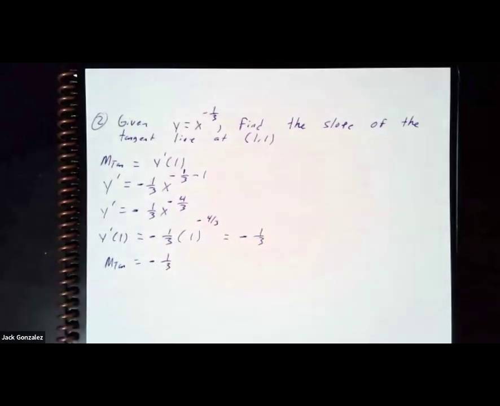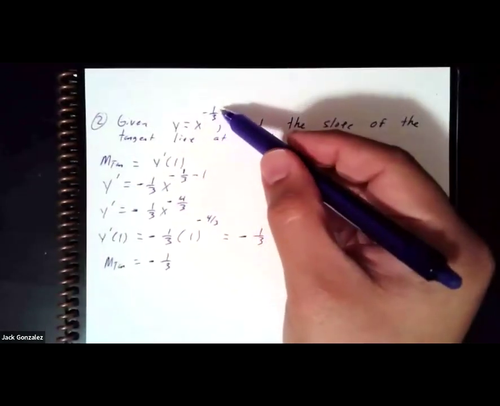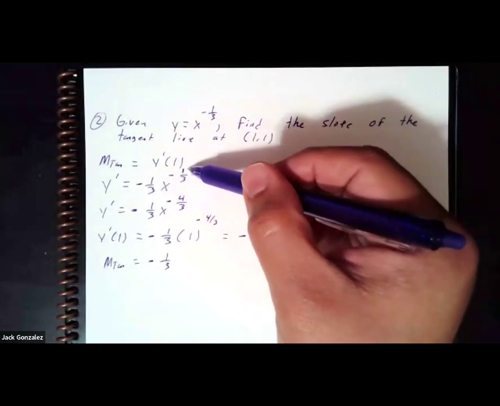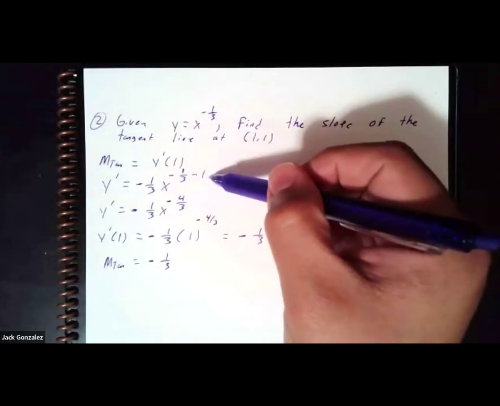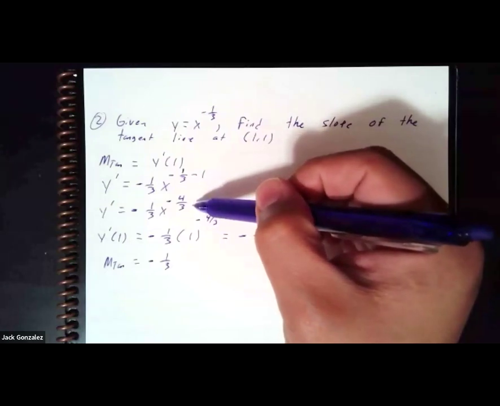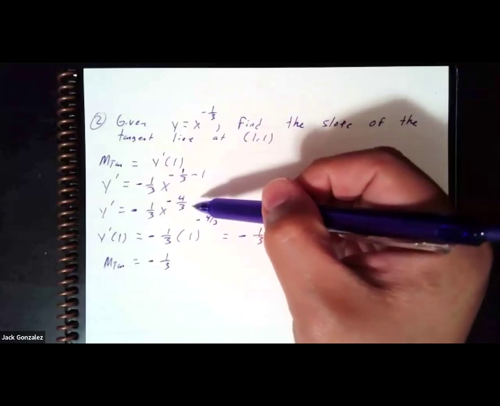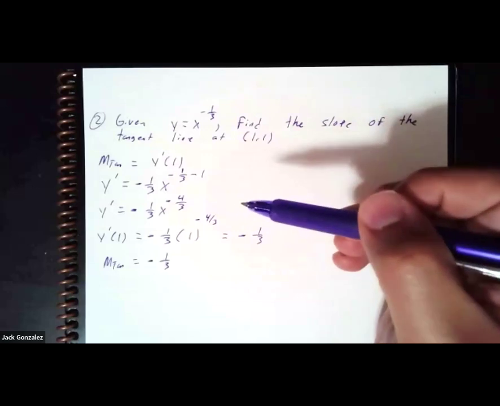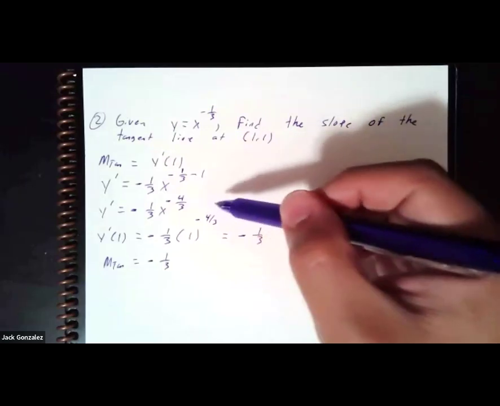Where'd you get 4/3 from? The power rule says you bring down whatever power's up there and subtract 1. So negative 1/3 minus 1, that's negative 4/3, right? Oh, okay, I missed that. Sorry. No, I'm good. If it doesn't make sense, let me know, or if I miss something.